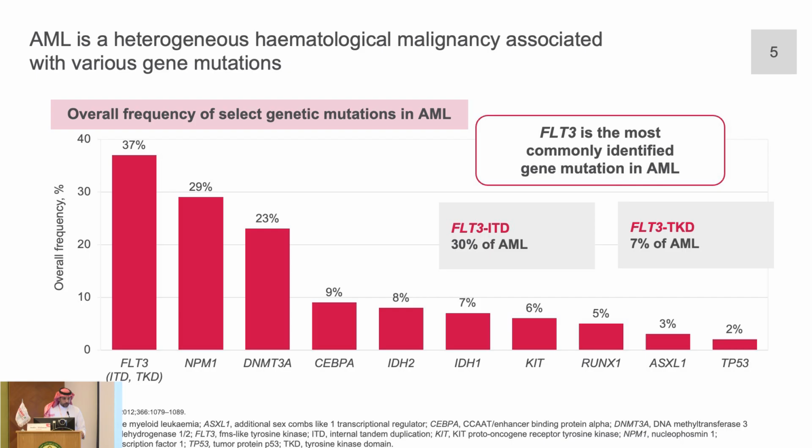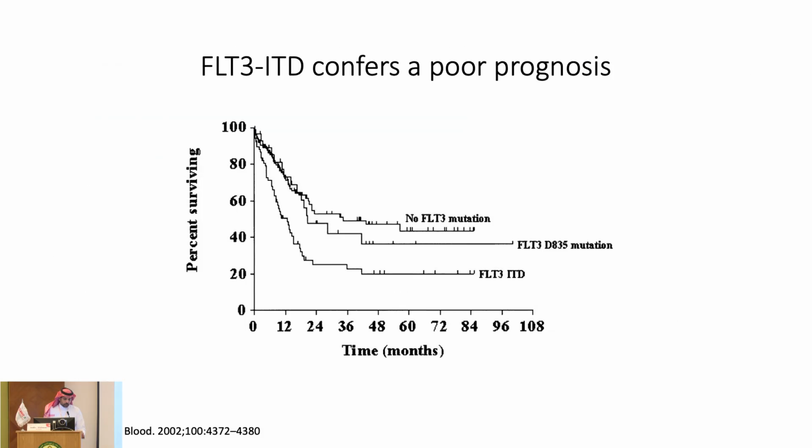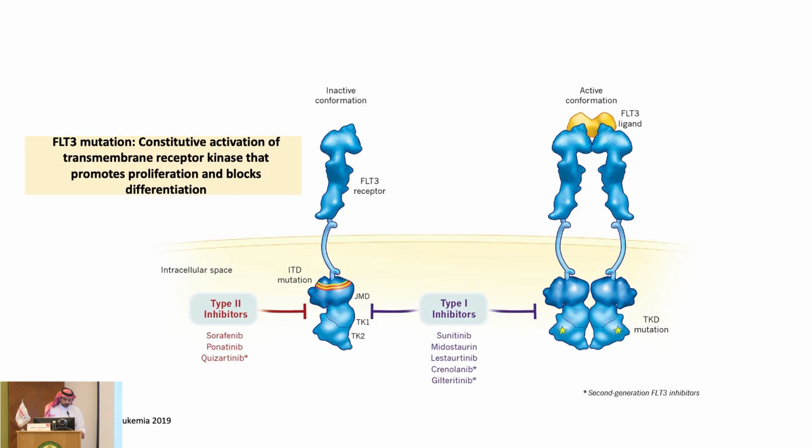As we know, FLT3 is one of the most common genetic mutations that we see in AML, constituting more than 30% of patients. The majority have the ITD mutation. Very few, less than 10%, have the TKD mutation. And as we know, historically, FLT3 has been associated with poor outcome for patients treated with standard induction chemotherapy.